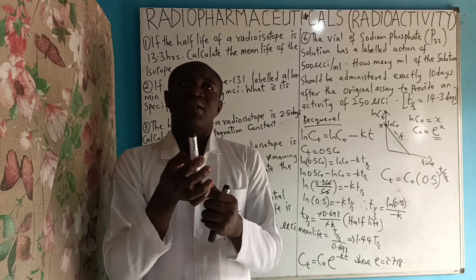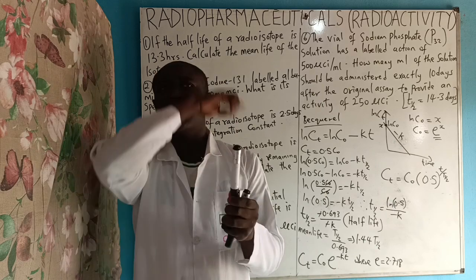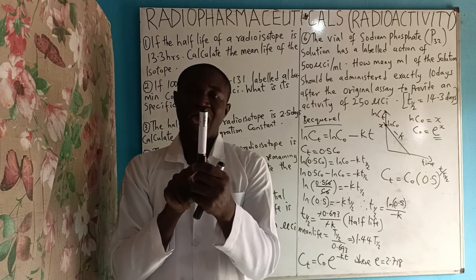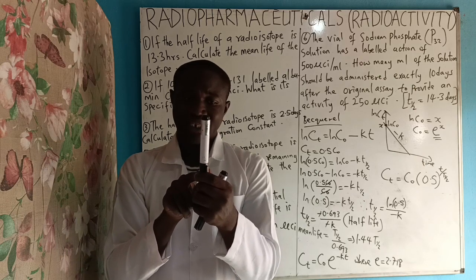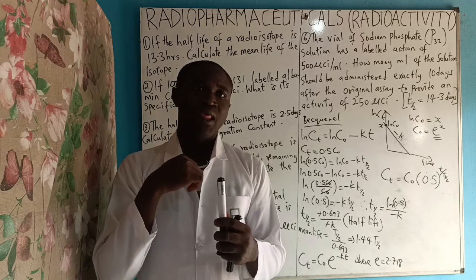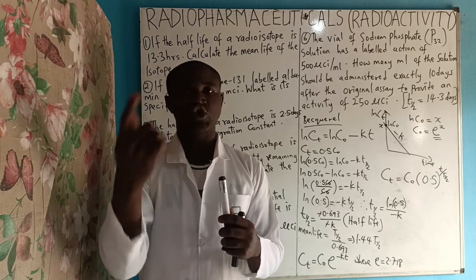Right? Now, that means if you get to another 10 days, the remaining half will also decay. Then half of it will remain. Are you getting it? And so, the question is, if the half-life is 10 days, how much of it will decay when it is 2 days?